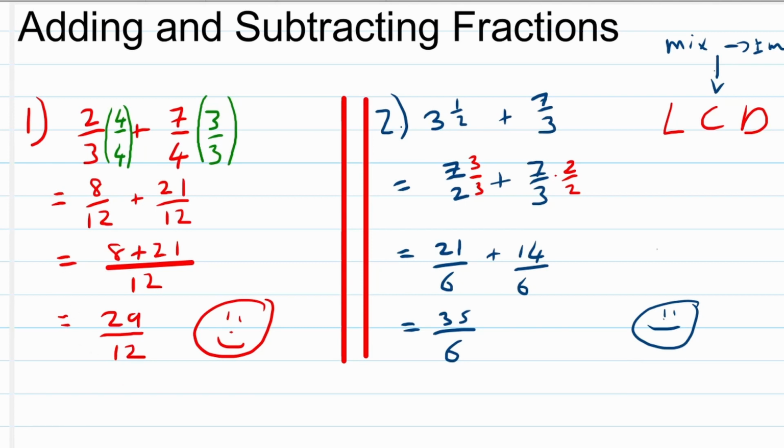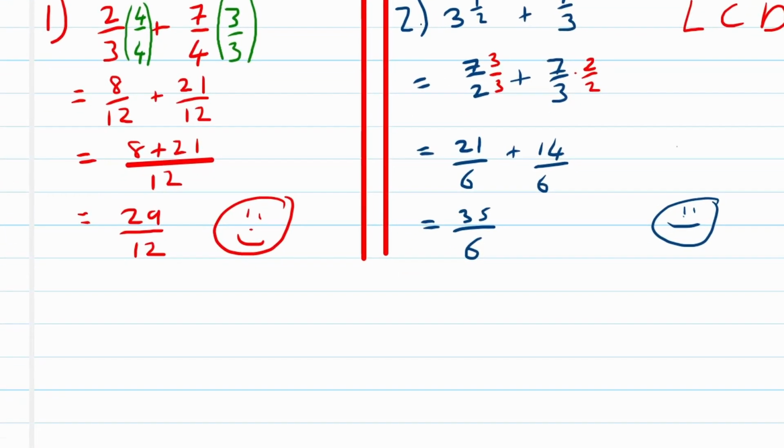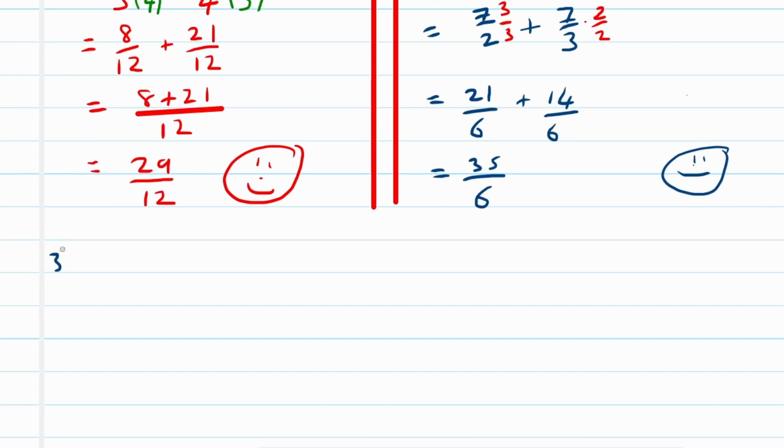With subtracting, it works exactly the same. So if we take example 3, and we say, for instance, 3 and 1/2 minus 7 over 3, you will notice we do exactly the same. It's going to become 7 over 2 minus 7 over 3.